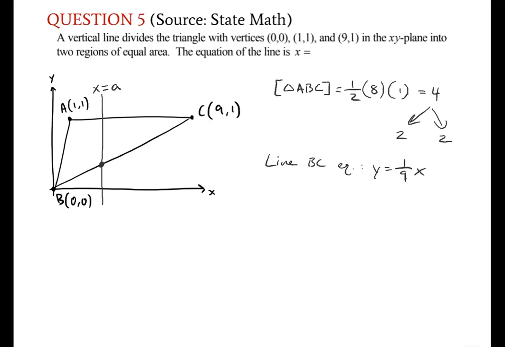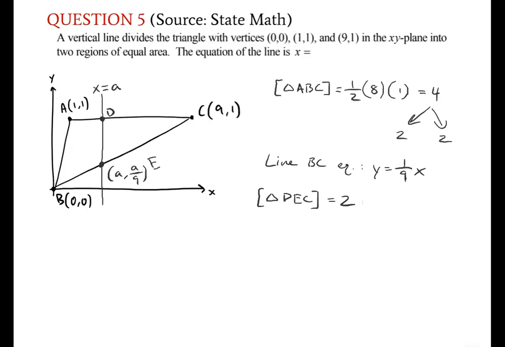So knowing this, we can represent this intersection point as a over 9, and we're gonna call it point E, and let's just call this point D. Okay, so now we can represent the area of DEC in terms of a. So first of all, we know that it's 2 since it's half of the big triangle.